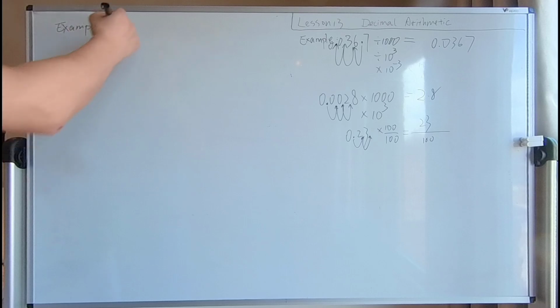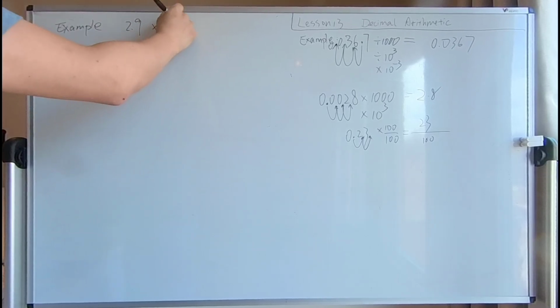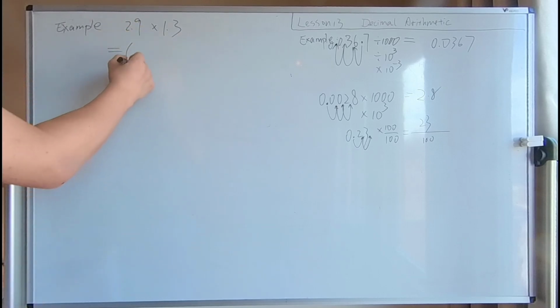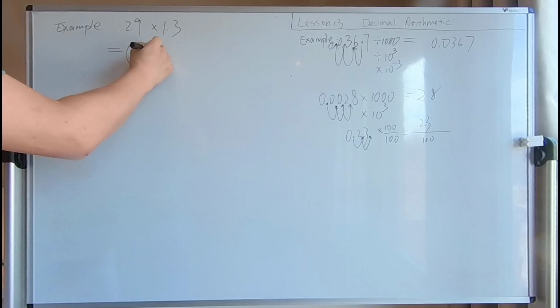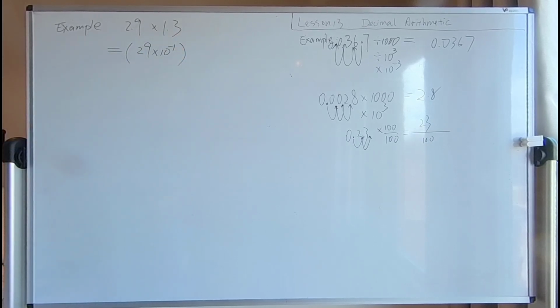So for example, 2.9 multiply 1.3. To solve this one, I can first rewrite each decimal as integers. For example, 2.9 is 29 times 10 to the power of minus 1, right?